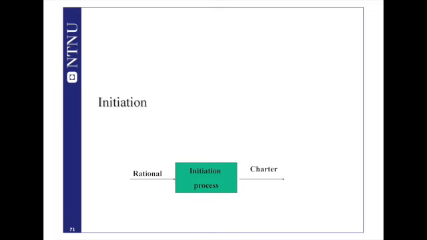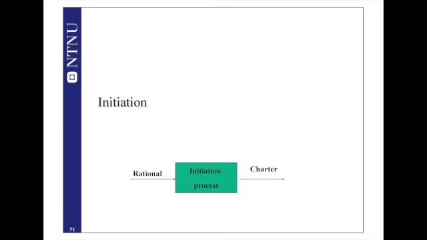But we didn't really describe what the contents or tasks involved in this initiation process are. The initiation process starts with something we call the rationale, and it ends up in a document.